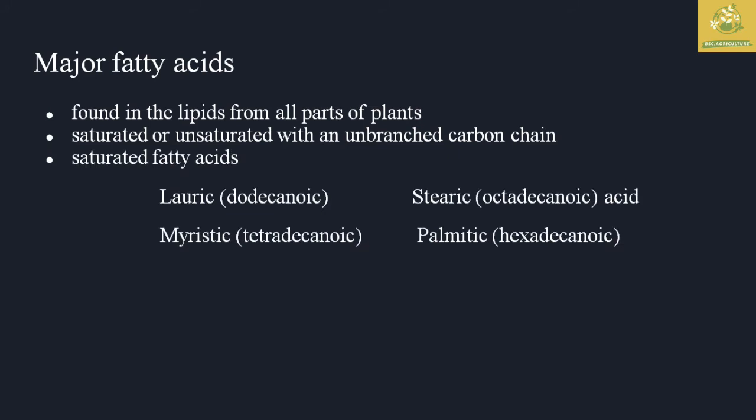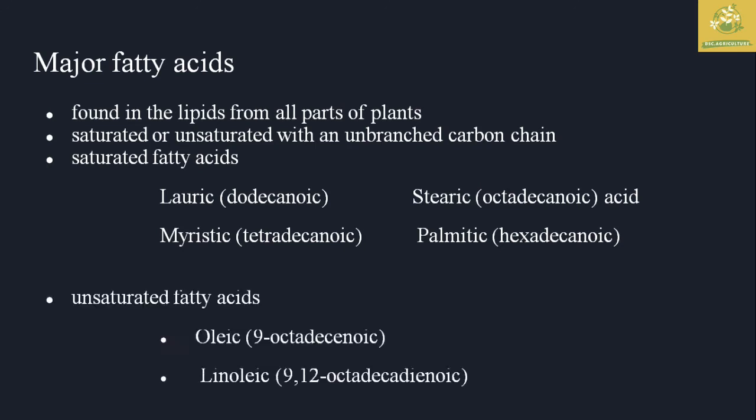The saturated fatty acids are lauric, stearic, myristic and palmitic acid. The bracket I have denoted is the scientific name of that particular fatty acid. The unsaturated fatty acids are oleic and linolenic.